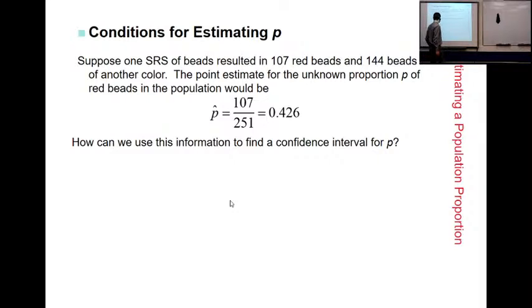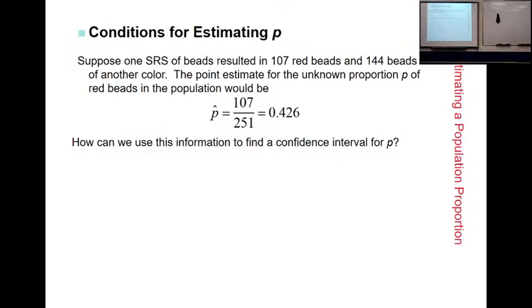Let's say we took a sample of 251 beads, and what we came up with was that 107 of them were red, the others were not red. So that means the P hat that we get from the sample is 107 out of 251.